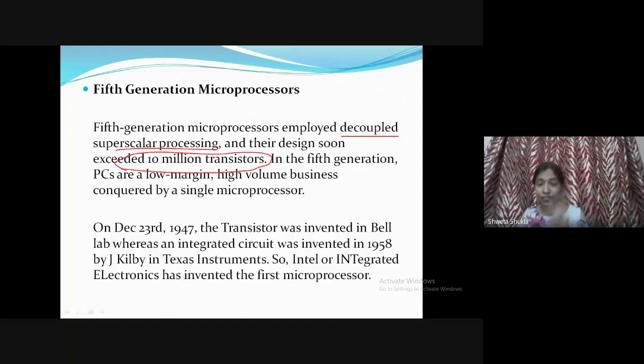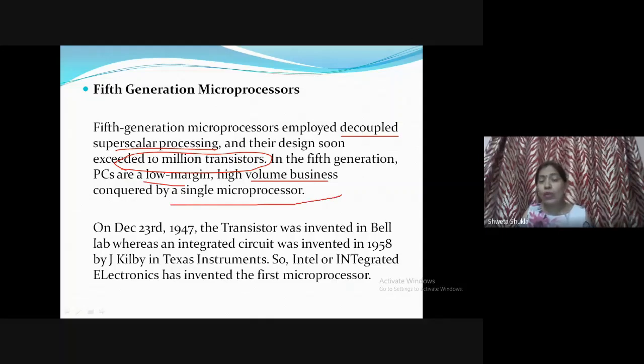Can you imagine, a single chip using more than 10 million transistors? This is the most important feature of fifth generation microprocessors. They have low margins and high volume businesses, right? So everything is going on in just one single microprocessor. Remember this.